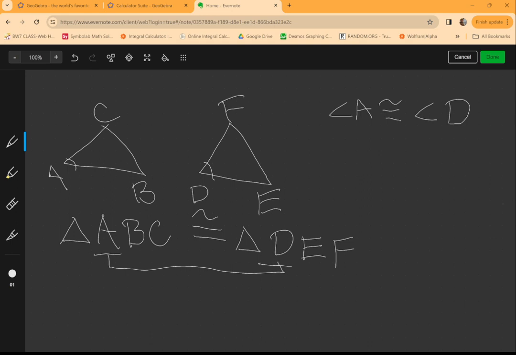In a similar way, angle B is congruent to angle E. And in the same way, the last angle, angle C, and angle F are both congruent. So angle C is congruent to angle F.